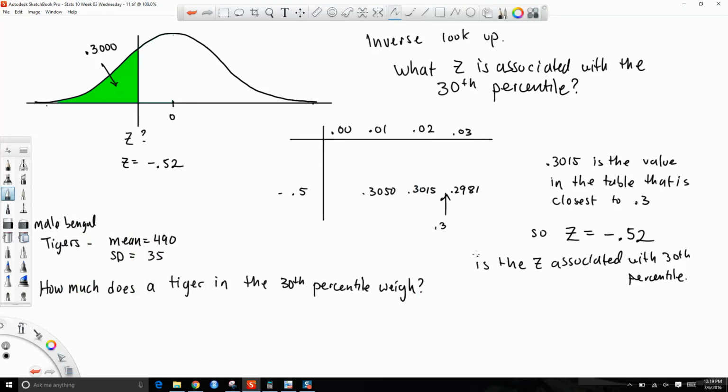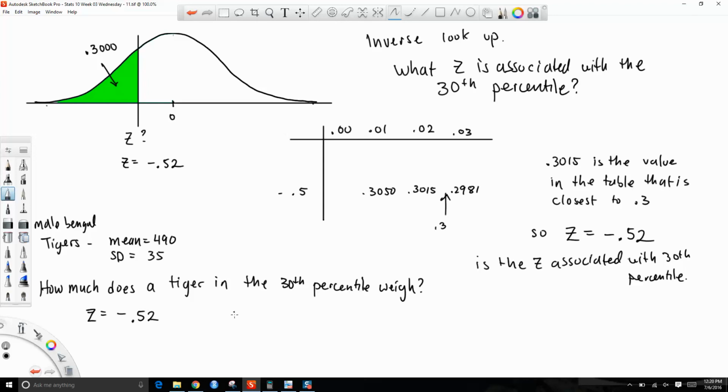Okay, how would we answer this question? We know the z that's associated with the 30th percentile. We figured that out up here, and we said the z associated with the 30th percentile is negative 0.52. So that means the tiger in the 30th percentile will have a z-score of negative 0.52.